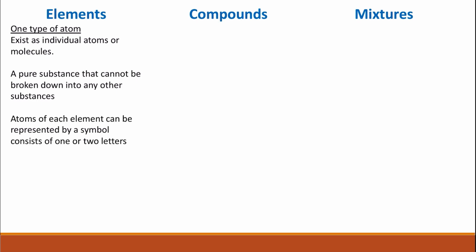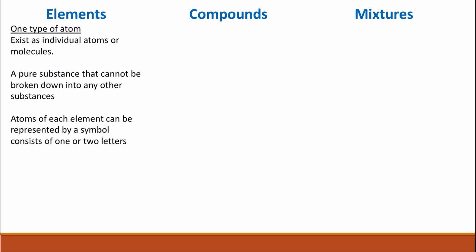Some of these symbols are easy to predict, something like hydrogen as H, helium, He, lithium, Li, while other elements have a symbol that's completely different from their common name. So something like sodium, it's Na, potassium is a K, and so on. So you should familiarize yourself with the different elements and their symbols.